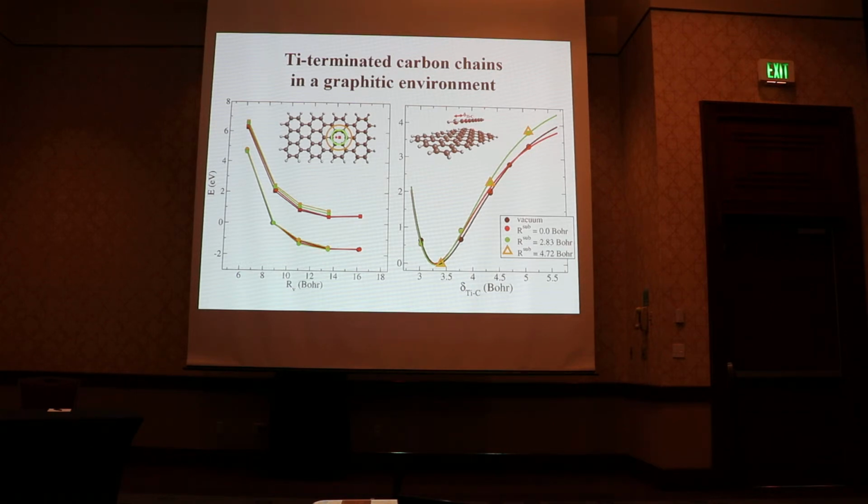And so we use the same cutoff criteria for the chain. And in the substrate, we consider different choices of the cutoff radii. And the choices are based on where the titanium atom sits in registry above the graphitic plane. And as we stretch the bond length, these two dots represent how the titanium atom moves.